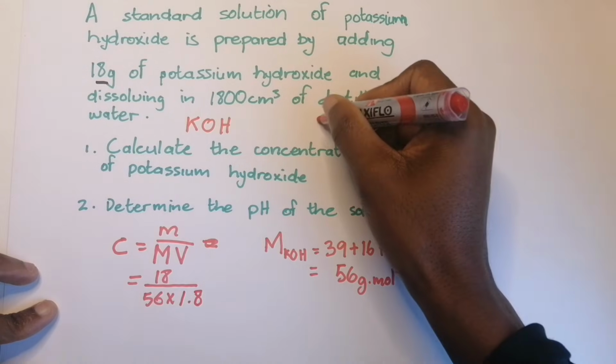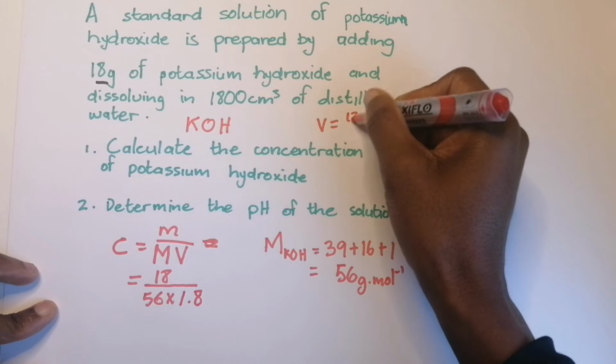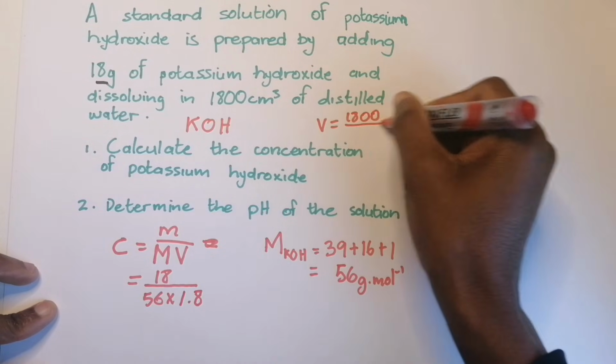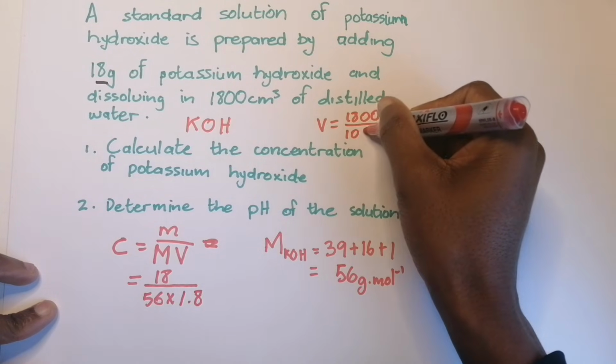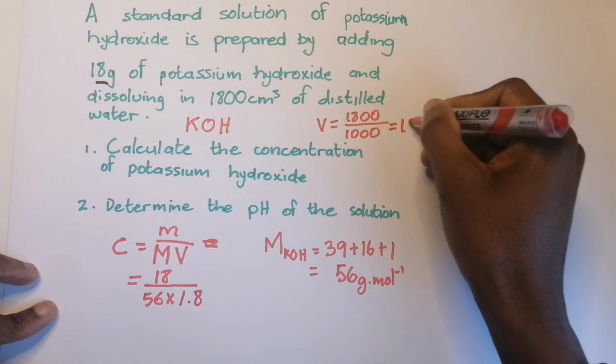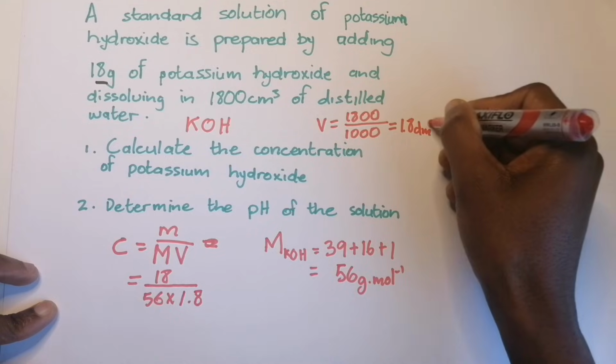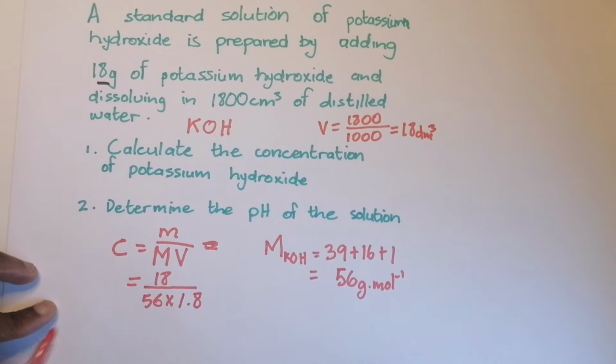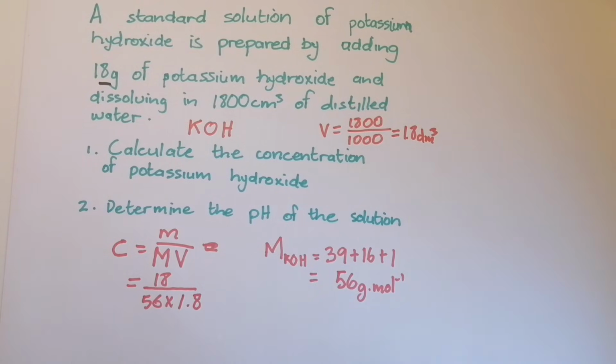And please remember, all I did for the volume was say 1800 cubic centimeters, divide that by 1,000 to make it cubic decimeters, and that gave me 1.8 cubic decimeters. So all we simply do is say 18 divided by 56 times 1.8.